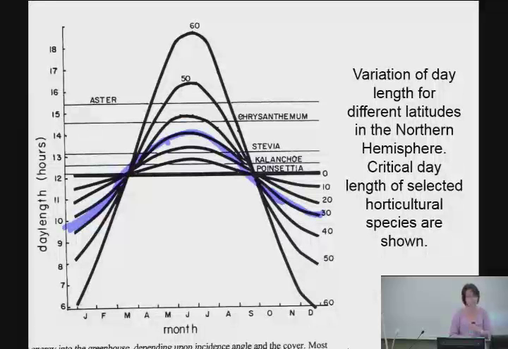If you're growing stevia in a greenhouse, when do you get flowers or initiate flowers? The stevia critical photoperiod is a little bit longer than 13 hours. In Tucson, days shorter than 13 hours start around August.